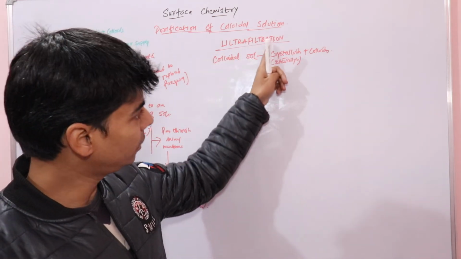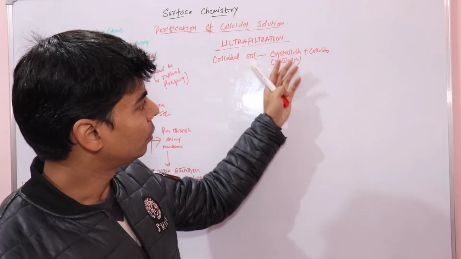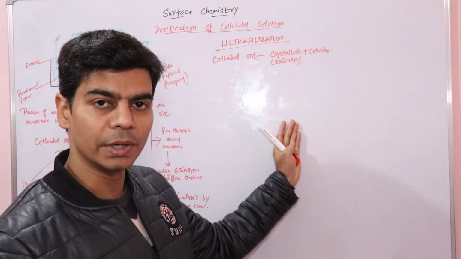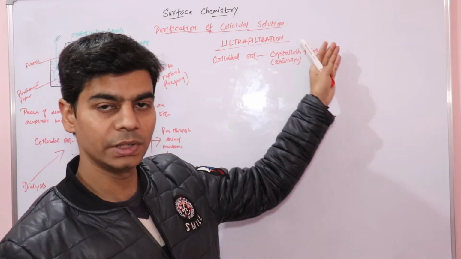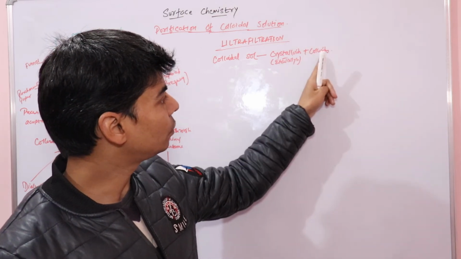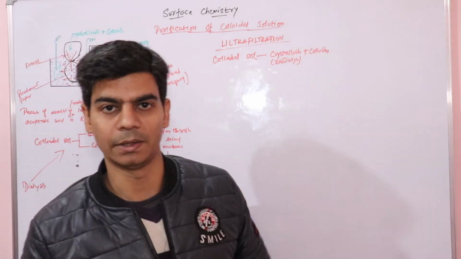So if the filter paper can allow these crystalloids to pass through it, leaving behind colloids on it, this is how crystalloids and colloids can be separated.